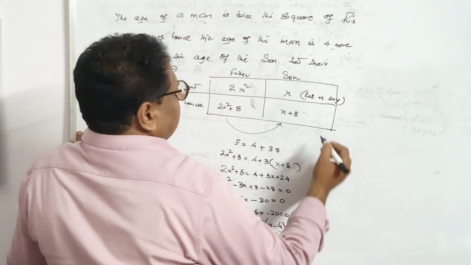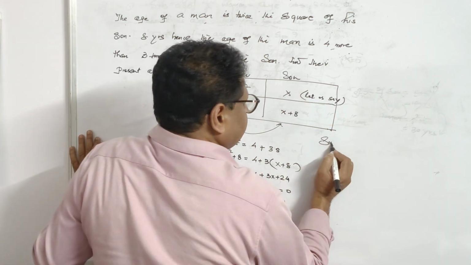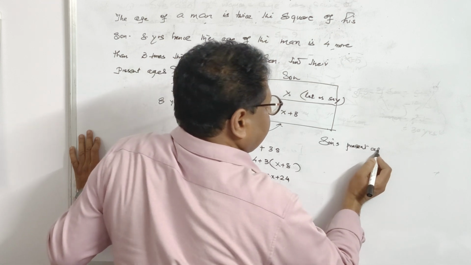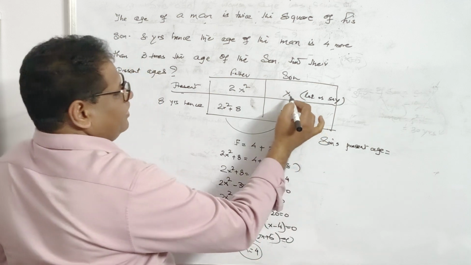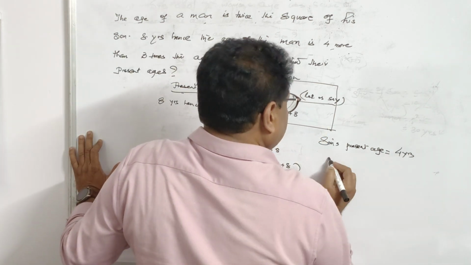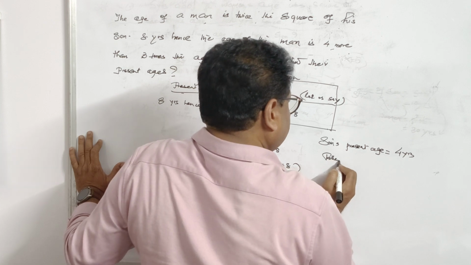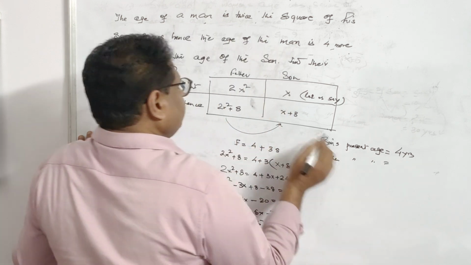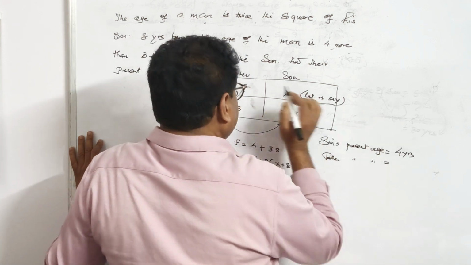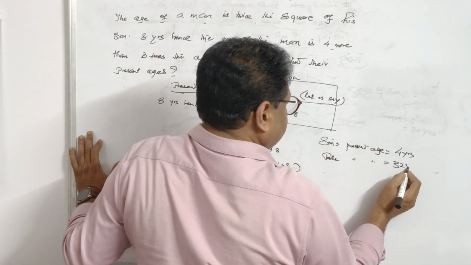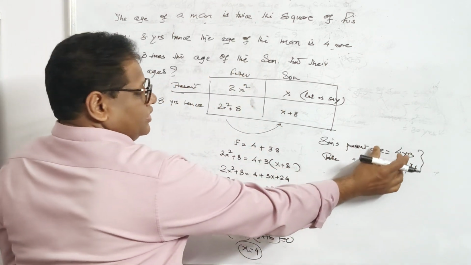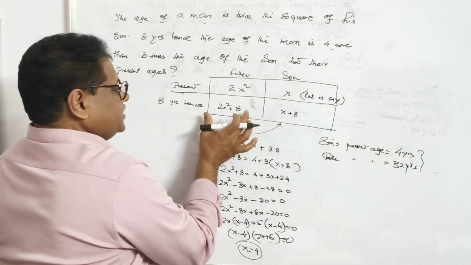That means the son's present age, that is, we have taken x, comes to 4 years, and the father's present age, which is 2 times the square of the son's age, so the square of this is 16 into 2, 32. Now you can check the equation by putting these values in the second part.